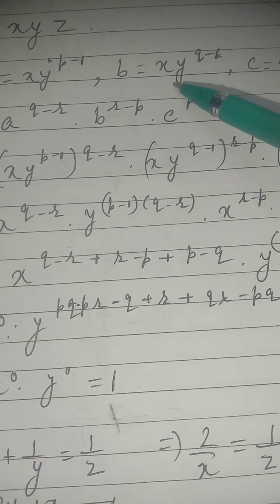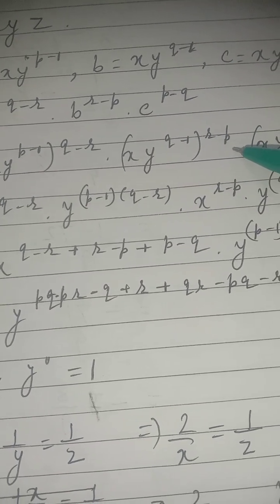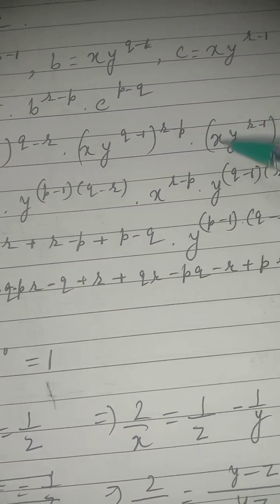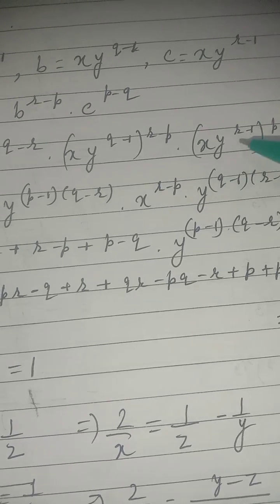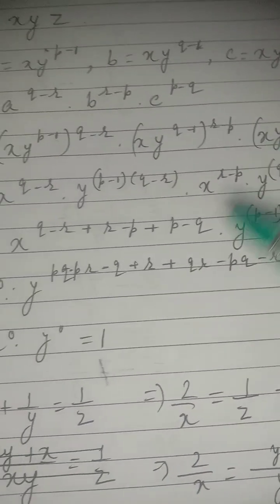Into b's value, x y^(q-1), with power (r-p). And c's value is x y^(r-1) with power (p-q).